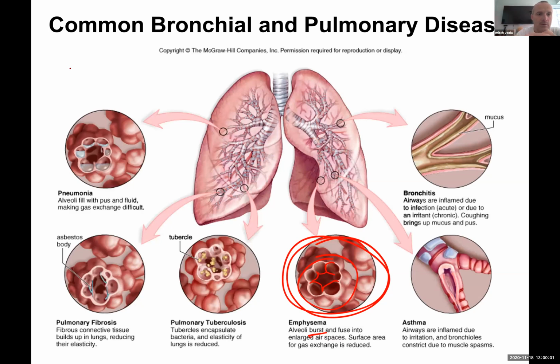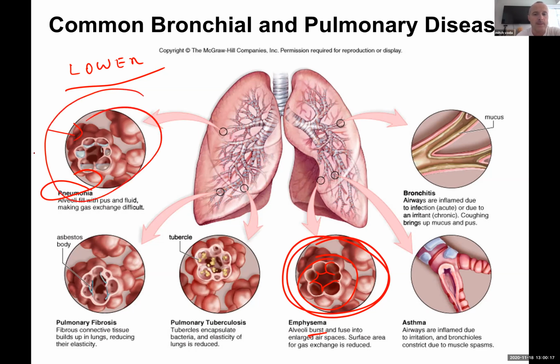What I'm showing you right here are lower respiratory tract infections. Pneumonia is basically when alveoli fill with pus and fluid because of bacteria, and then it's very difficult to breathe.